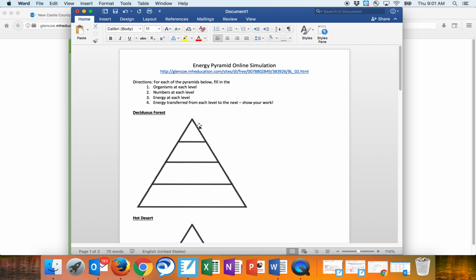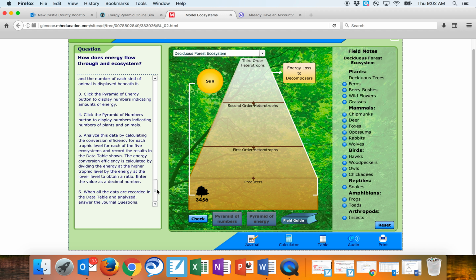Now, when it asks you here to also tell me how much energy is transferred from each level, you're going to need to tell me that from the producers to the first or primary level consumers. So I would have an arrow going from here to here, showing how much energy is going from one level to the next. And to do that, it tells you how to do it over here, down here.